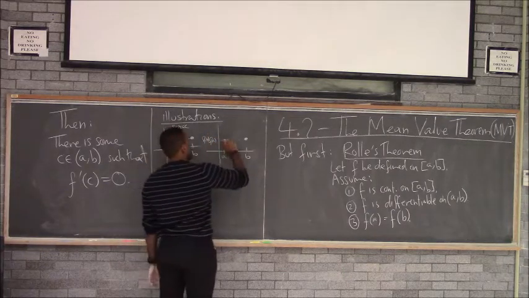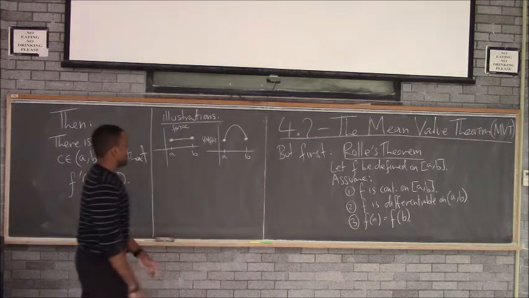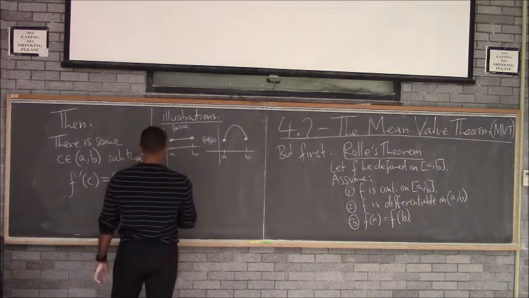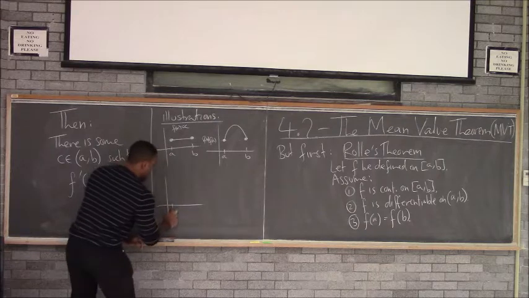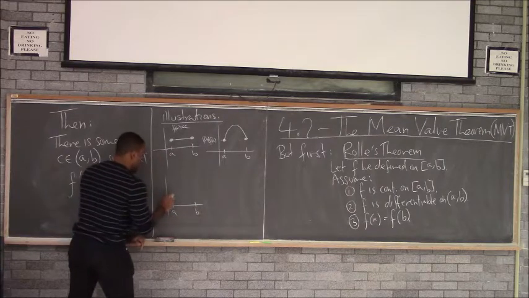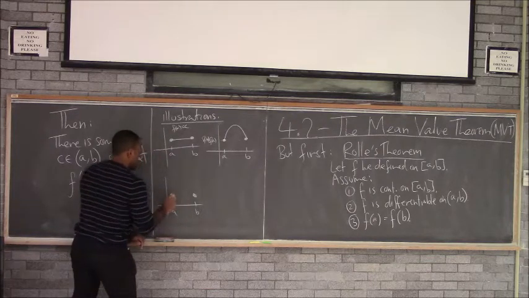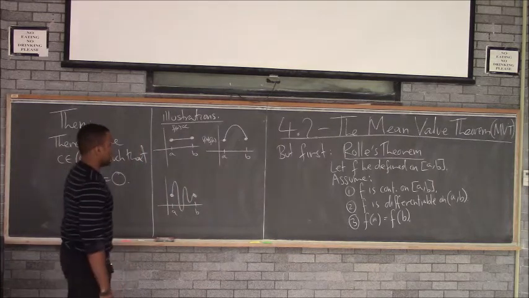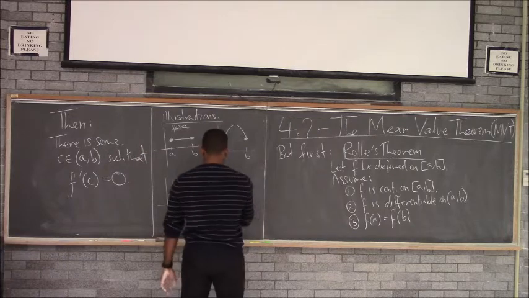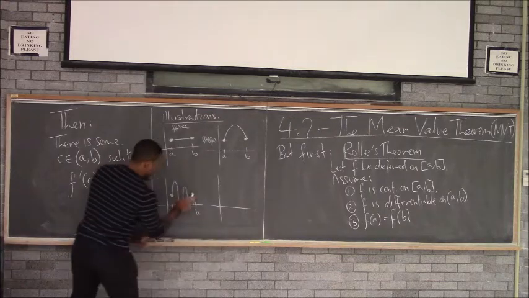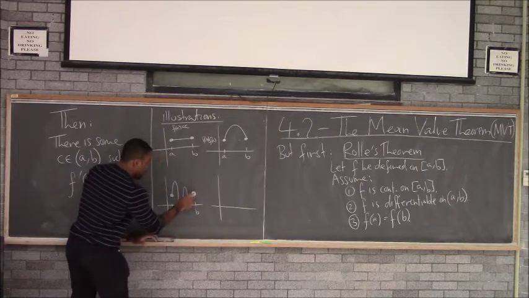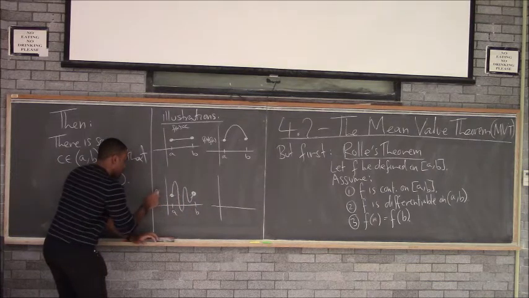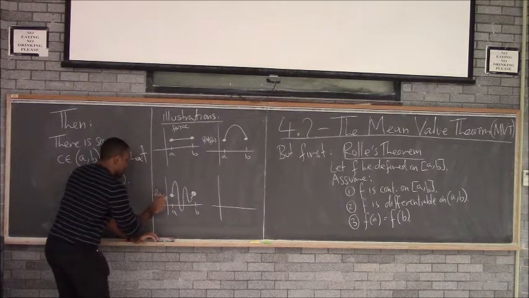But the function does something like this. Versus, here's a, here's b. The function does something like that. And again, I'm assuming that f(a) equals f(b). So these are both on the same level.